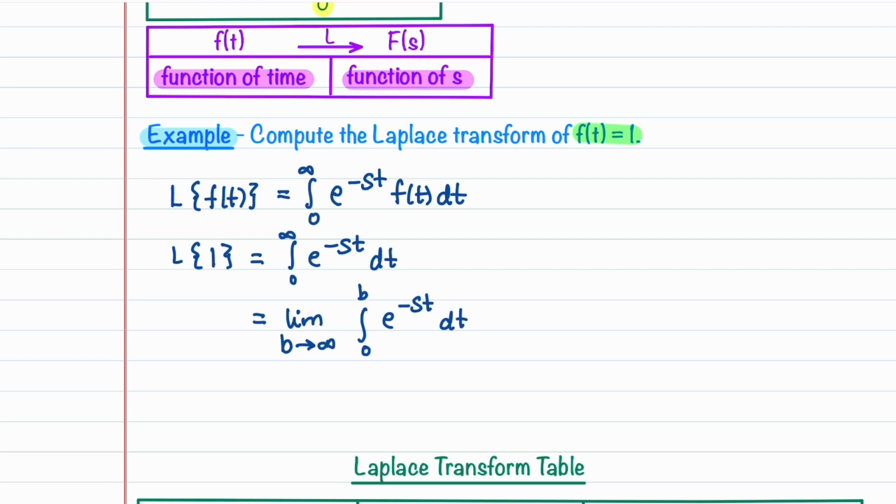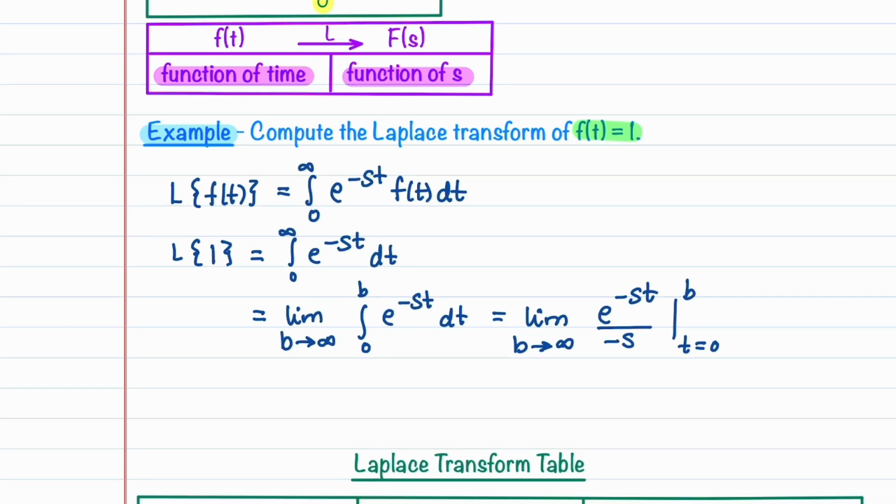Now we can integrate. This gives us the limit as b goes to infinity, e to the minus st. We divide by whatever multiplies t, and that is a minus s. And then we're going to integrate from t is equal to 0 to t is equal to b. This gives us the limit as b goes to infinity.